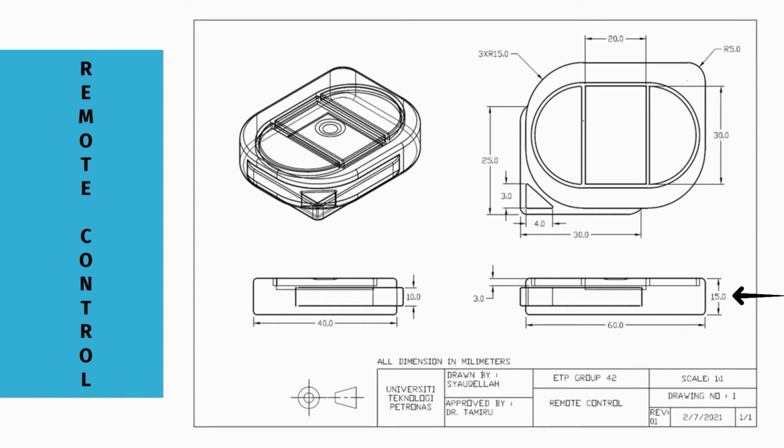It is in units of millimeters. Also, there are no sharp edges in the drawing, because we have used features like fillet or chamfer to make the remote control safer. And this drawing we have done using the AutoCAD software.